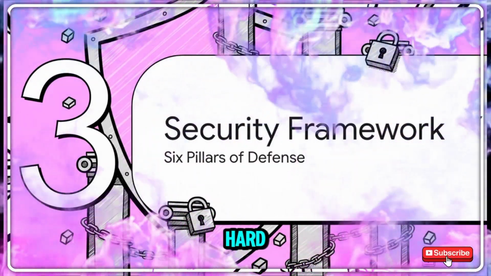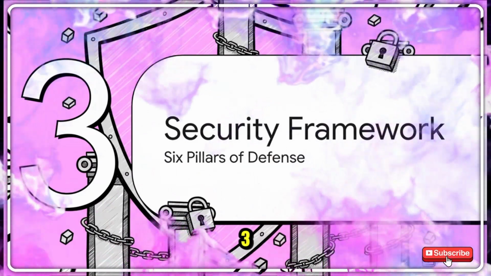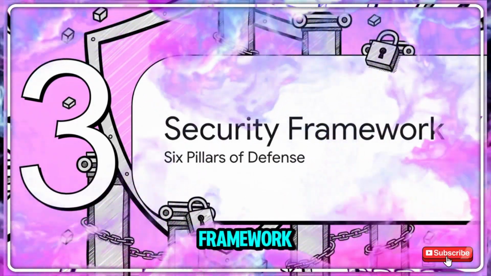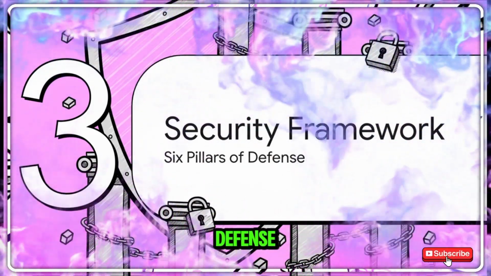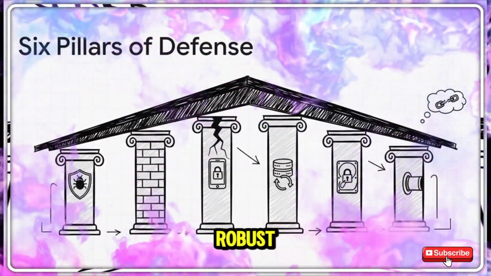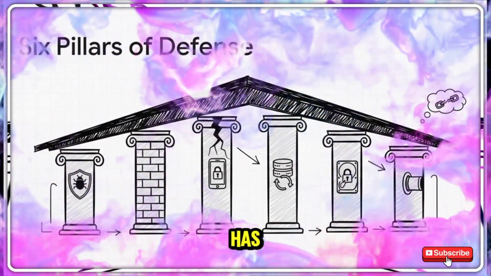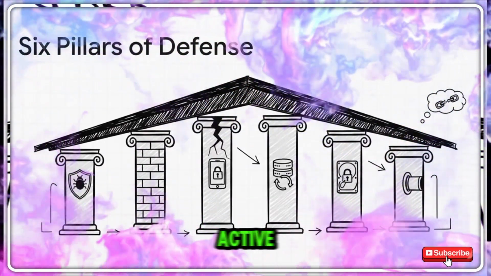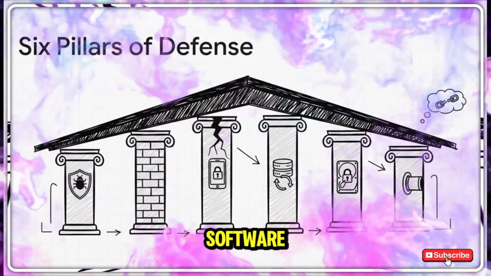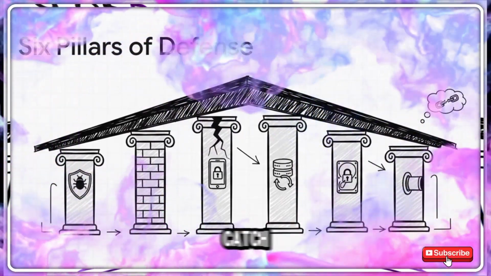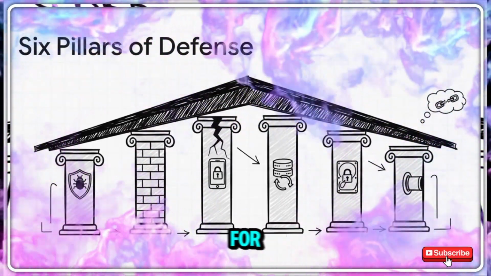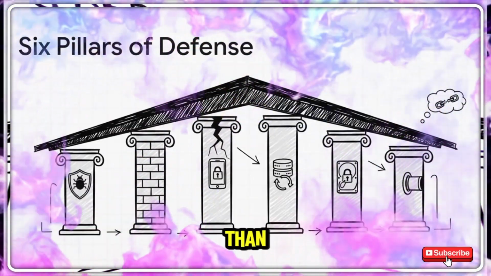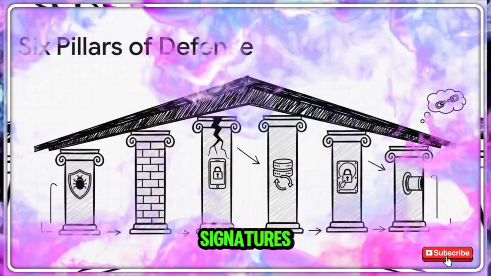Let's get into the hard specifics in Section 3, the essential security framework built on 6 pillars of defense. Experts agree that a robust structural foundation has to be built on 6 specific pillars of defense. First up, active antivirus software. But it must be constantly updated to catch new vulnerabilities, scanning for actual behavioral patterns rather than just looking for known threat signatures.